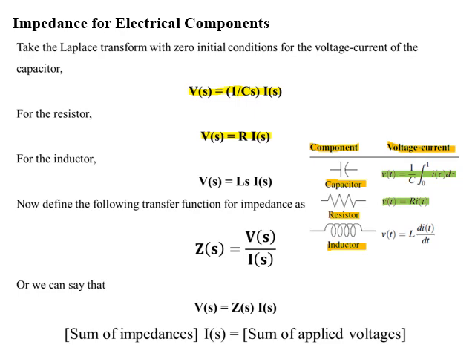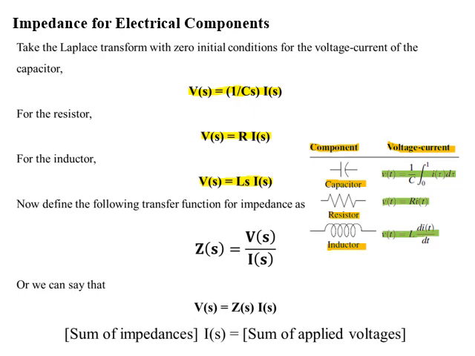Now for inductor, we know that v of t is equal to inductance of inductor multiplied by rate of change of current passing through it. In Laplace domain, the voltage equation will be V of s equal to Laplace operator s multiplied by inductance of inductor multiplied by current flowing through inductor.